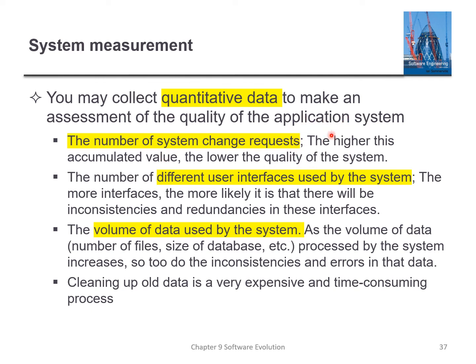If you have a configuration management system, then you can have this data. Then you want to see the different user interfaces used by the system. You want to see whether there is some inconsistency between them, and also how far this legacy system uses the data. Okay, how many files they use.